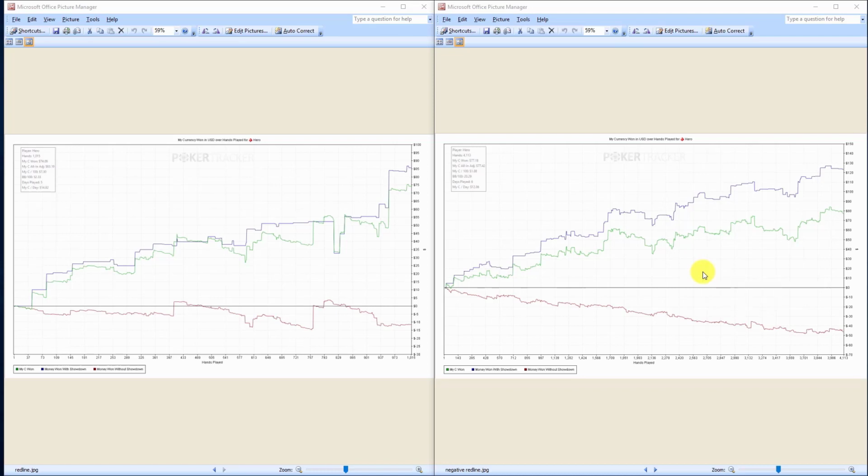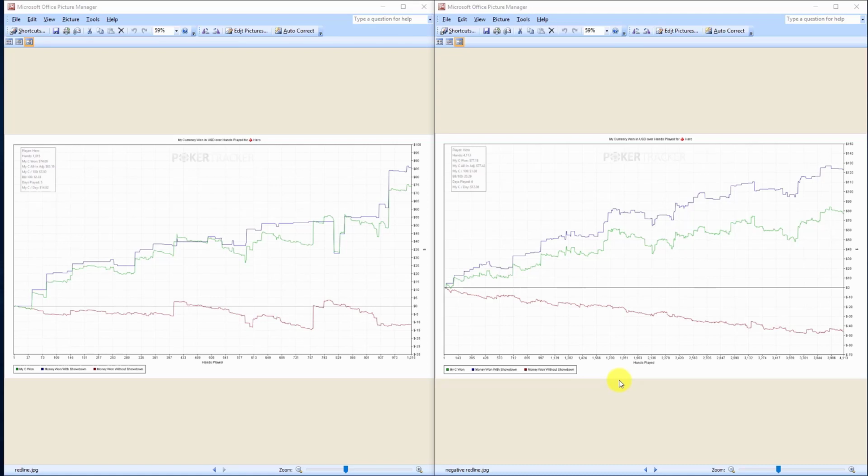And at fishier sites like Bovada, a negative red line strategy is very effective because a lot of our winnings are not going to be coming from bluffing and trying to get people to fold their hands. It's going to be coming from getting people to pay us off when we have made hands, when they're not willing to fold. And so at the micro stakes, a negative red line strategy is a good strategy.